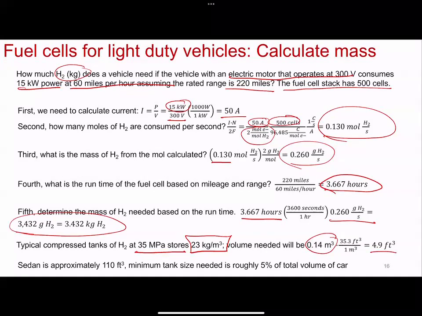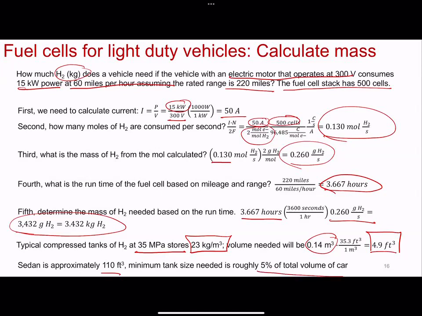So what does that really mean? That means you need this amount of volume for your hydrogen if you're going to pressurize your tank to 35 megapascal. A typical 4-door sedan is 110 cubic meters. Sorry, wow, that's a really big sedan. Cubic feet.